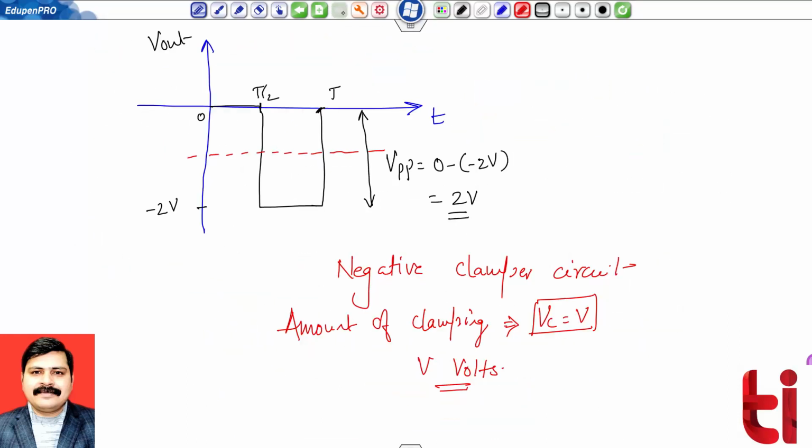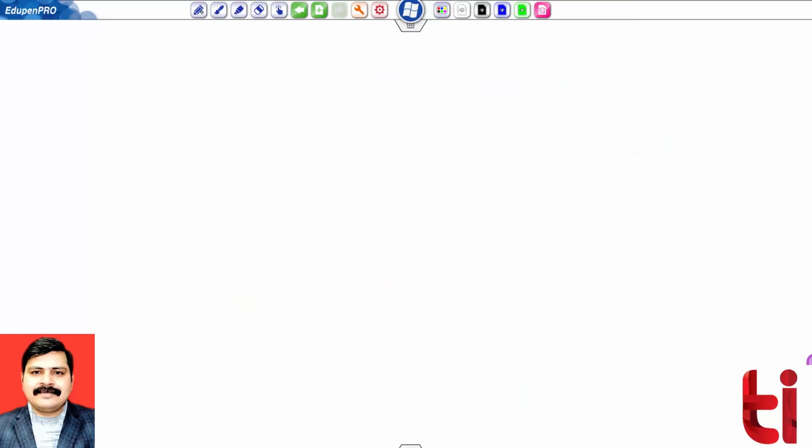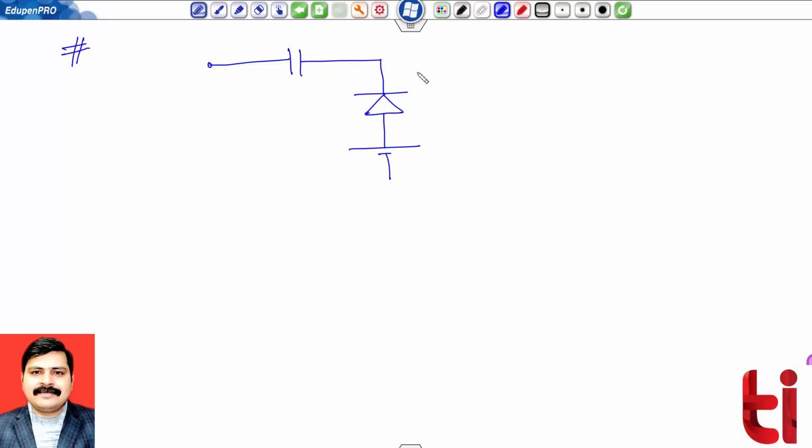Let us discuss one more problem. Another problem. Now I am reversing the direction of diode and connecting a battery also. So let's see what will be the effect of inclusion of battery, and let me increase the complexity of the problem so that I am assuming that my diode is made up from silicon.